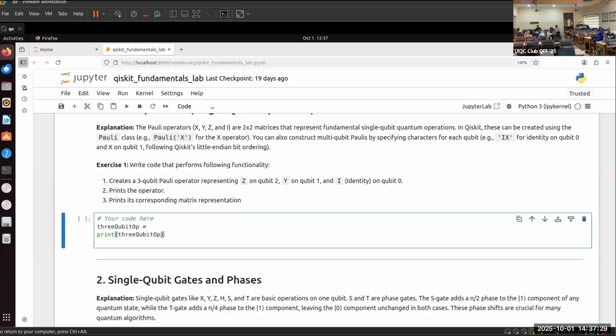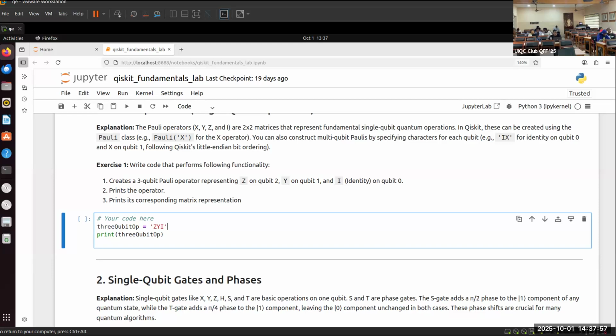So you put in your code. If you are done, just for example, I'm just doing something that is not correct, but might look somehow correct. I will just call it Z2 Y2. So I'm going to say ZYI. Suppose this is correct. I'm not saying it is correct.